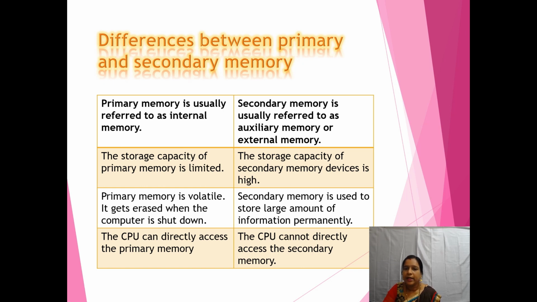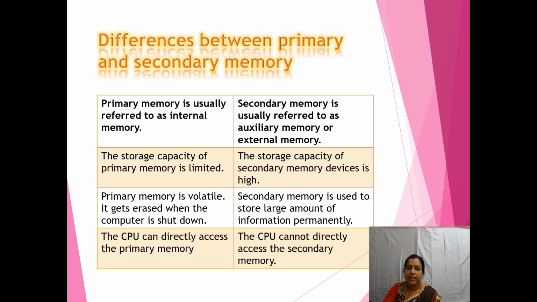Secondary memory is usually referred to as auxiliary memory or external memory. Second point, the storage capacity of primary memory is limited. The storage capacity of secondary memory devices is high.